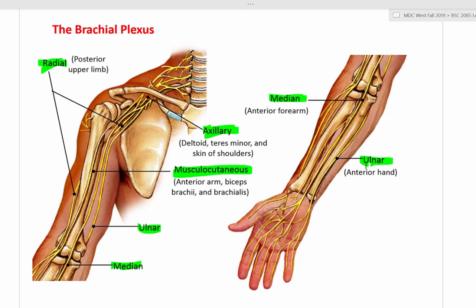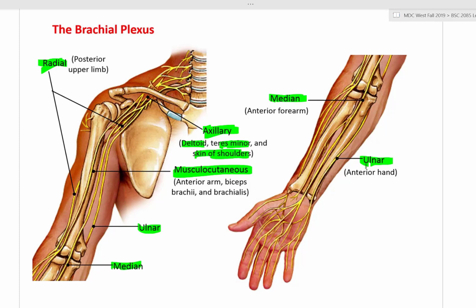So the axillary nerve is in your axilla. If you're using crutches, or you sleep with your hand hanging out outside your bed, you can actually end up compressing the blood flow to that nerve, and you can have an axillary nerve compression, which leads to tingling or numbness at the level of your deltoid, teres minor, and the skin on the shoulders. I don't know if you ever felt that before.